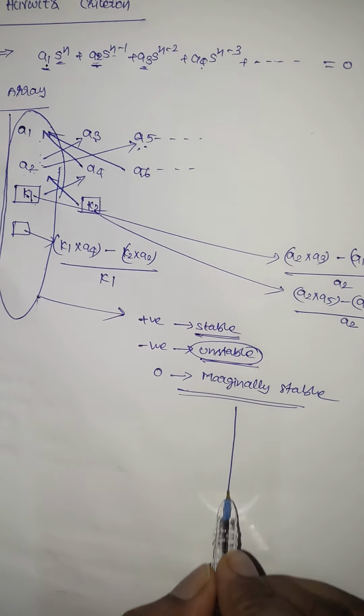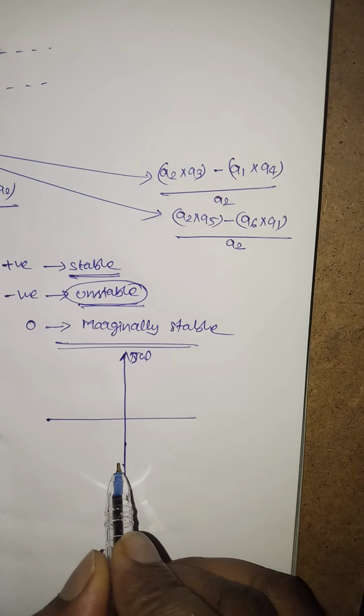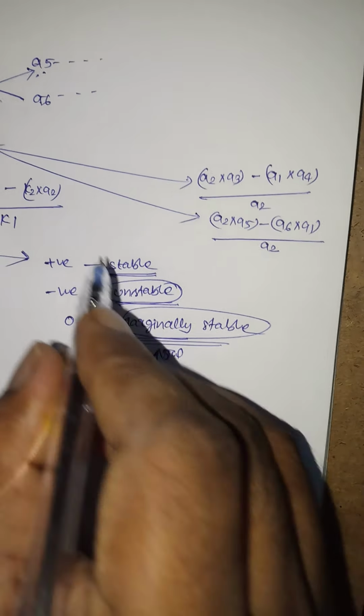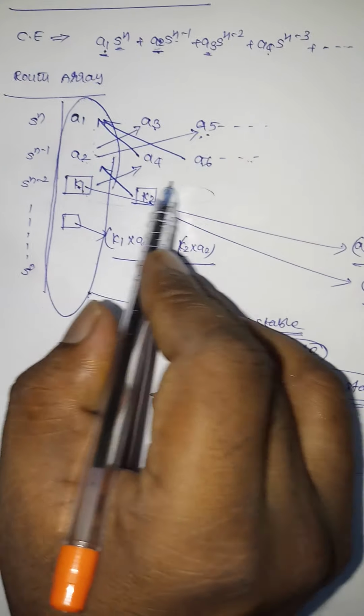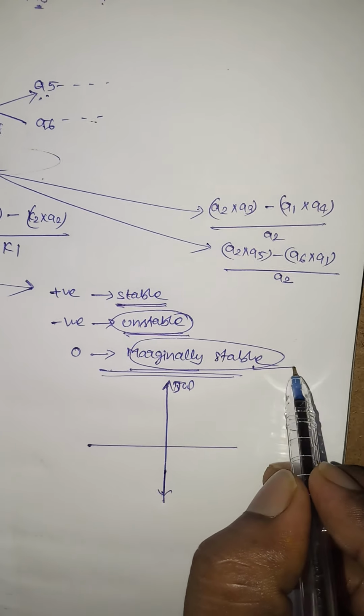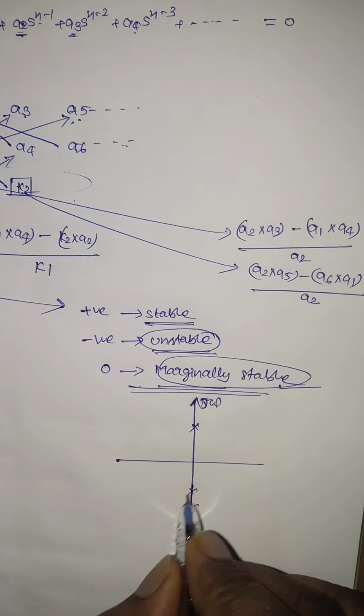And also the marginally stable system. If the poles are located on the imaginary axis, then the system is said to be marginally stable. That means if any row becomes 0, the system is marginally stable.